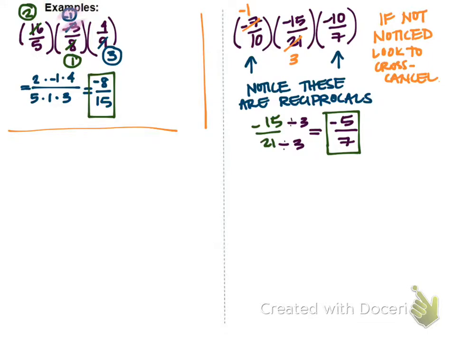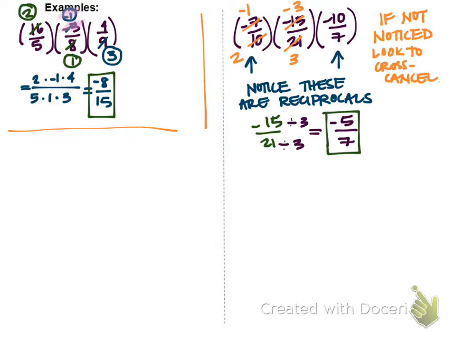Next I'm going to see what other item I might be able to cross cancel. And I notice that the 10 and the -15 have a 5 in common. So I'm going to cross the 10 out and write a 2, and the -15 and write -3. Similarly, I can reduce even further.